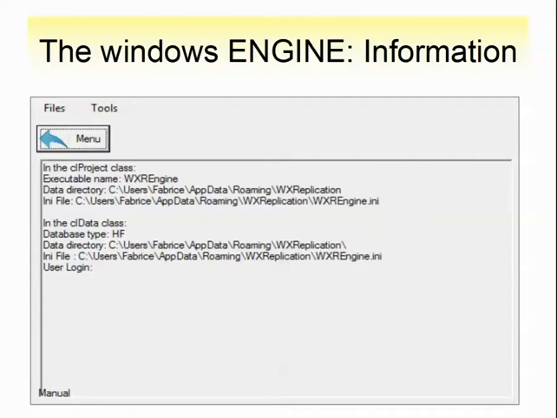In particular, it is asking the data access class what it is working against. And the data access class is saying, in that case, that it is working on a HyperFile Classic database and that it is in this beautiful directory.